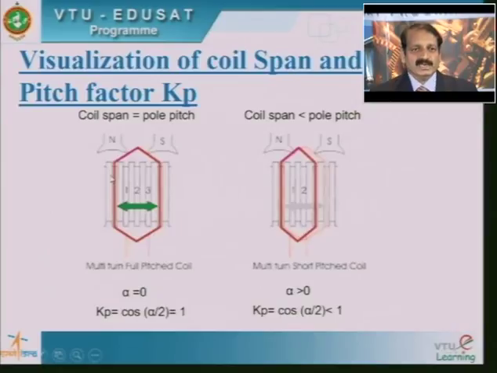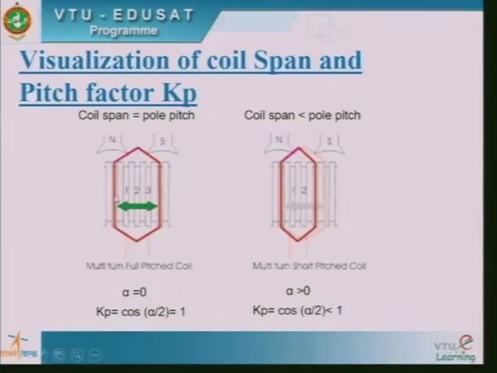If we visualize the coil span and pitch factor Kp, this figure is going to help us. If the coil span is equal to the pole pitch, as I just discussed, one coil side is placed in the slot directly under the center of a north pole. The other coil side is placed in a slot directly under the midpoint of a south pole.